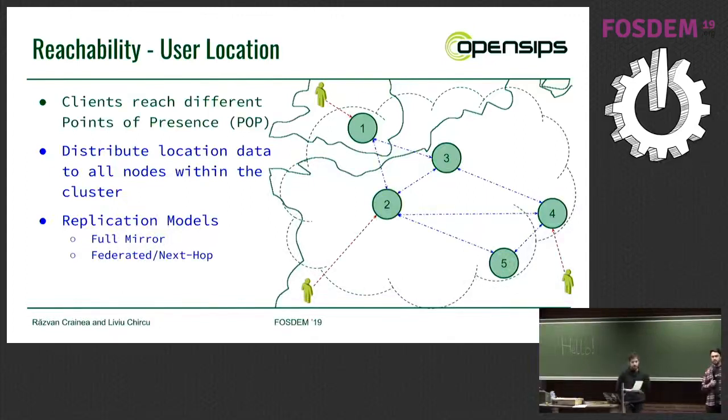It will have to use node 2 to break through. And another model is federated, which basically means that each node has its own set of users, and all that a node must know is on which node the user is registered, and then use that node's information.